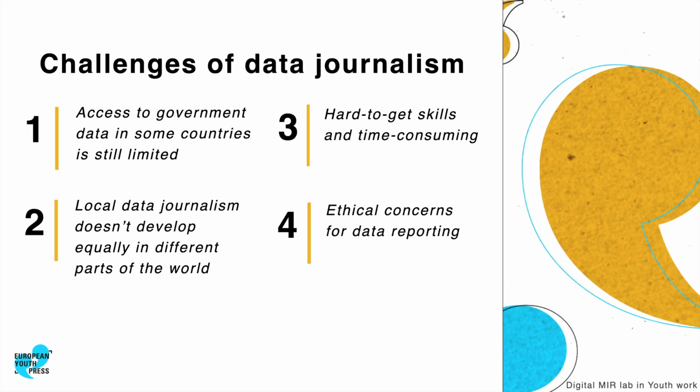For example, in Malaysia, the new government is drafting its Freedom of Information law and reviewing its open data policies. Therefore, data journalism has a huge opportunity to grow there. Also, in China, where government still limits access to various data, journalists turn to private tech companies to gather data.